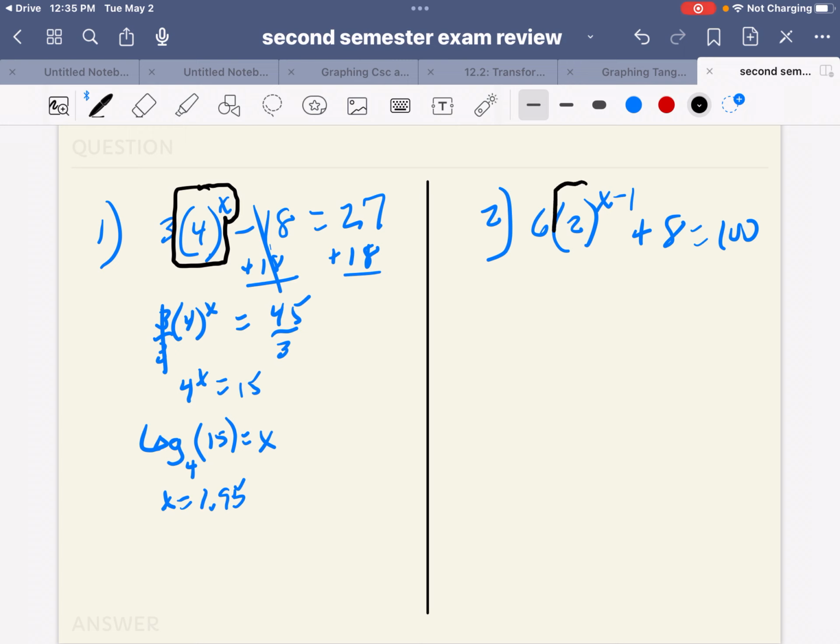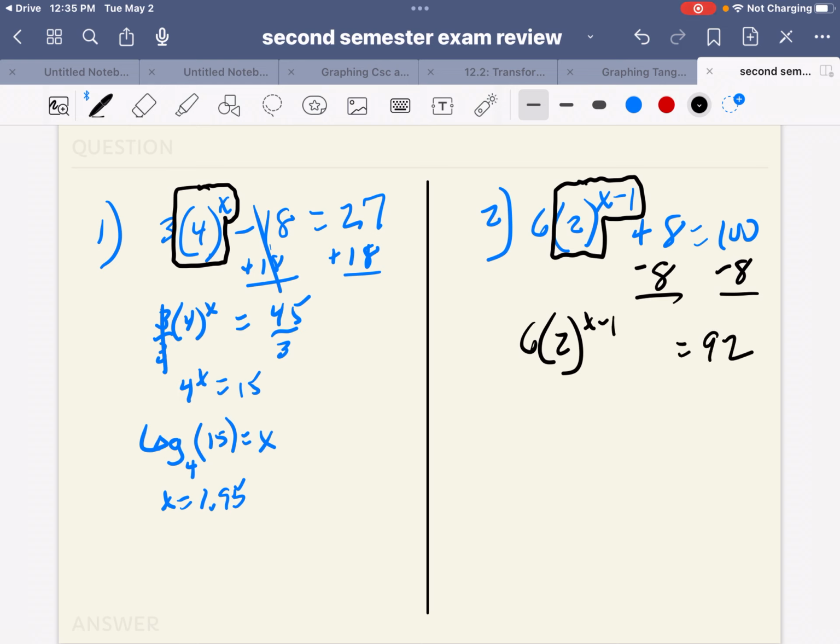Isolate the base of 2 and its power of x minus 1. So what I'd be doing here is subtracting 8 from both sides. So now I have 6 times 2 to the x minus 1 equals 92. Well, I still haven't isolated the 2 to the x minus 1, so I need to divide both sides by 6.